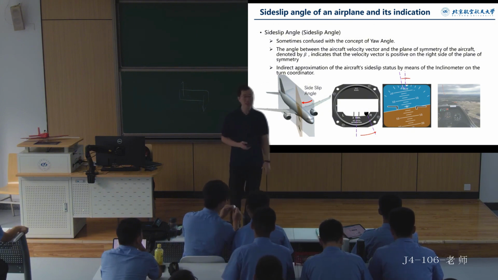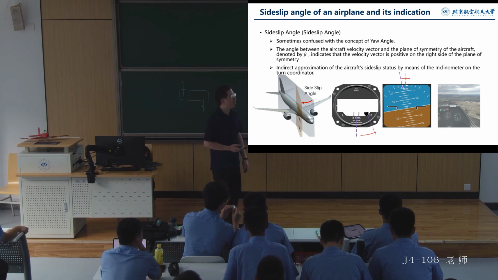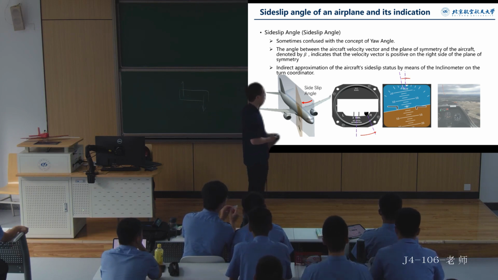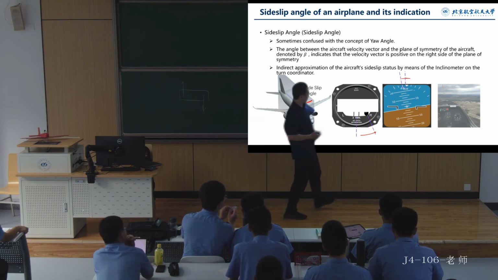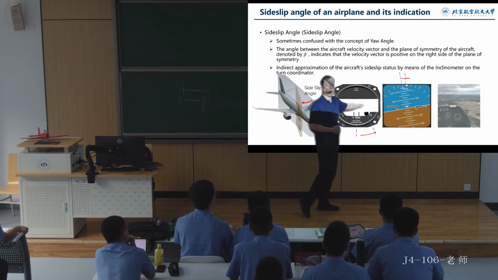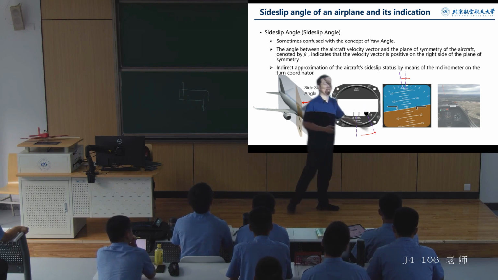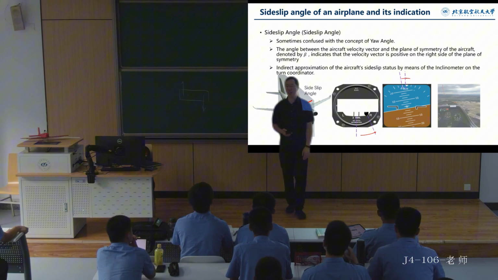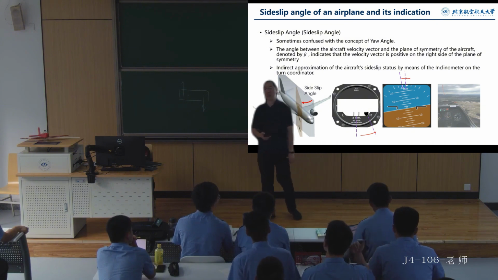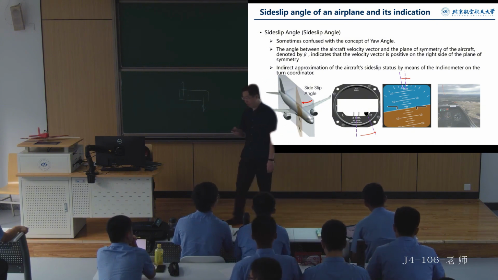We will provide a specific example later. In some special situations, sometimes the ball being in the center does not mean the aircraft is correct, right? When the ball is off center, it might actually indicate that the aircraft is in a no-side slip condition. We will give a detailed explanation of this when discussing single-engine failure.